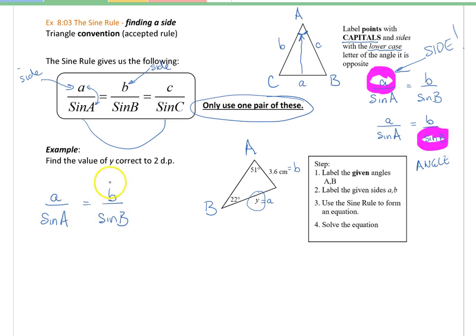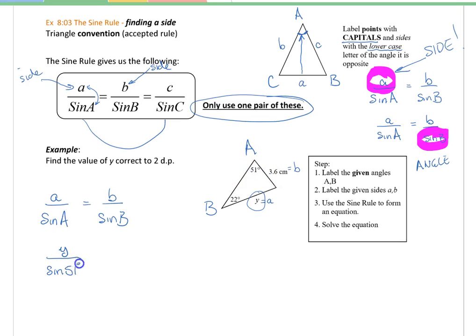We need to substitute into that. We've got 4 unknowns at the moment, so let's substitute what information we've got in our diagram. a is actually called y. Great, that's going to be the thing we find. And then we've got sine of A is sine of 51.